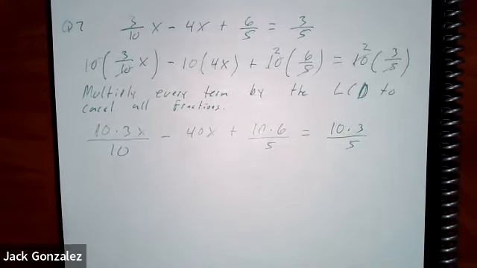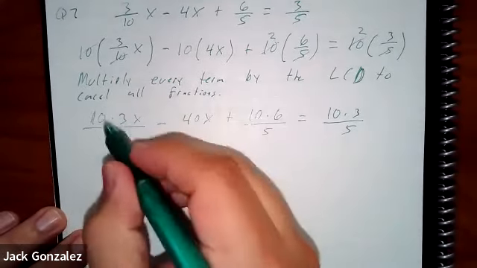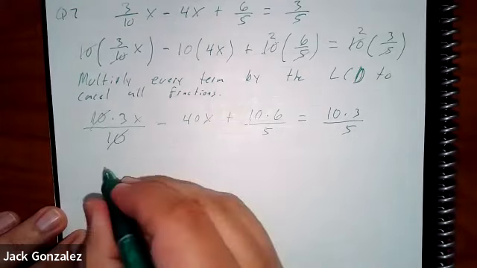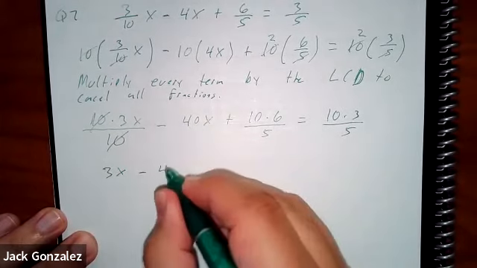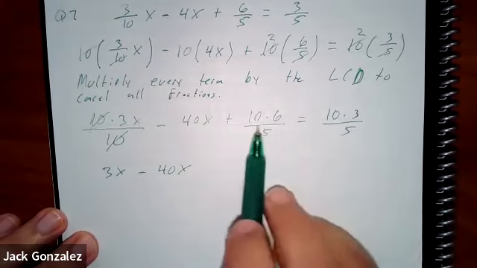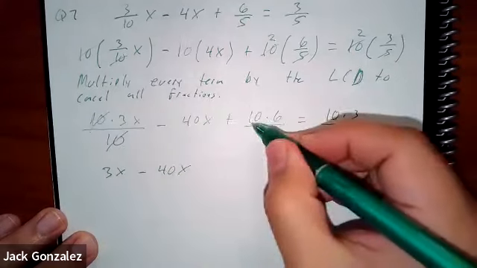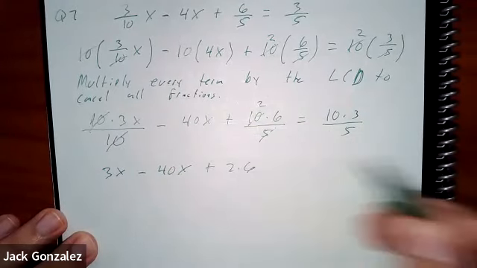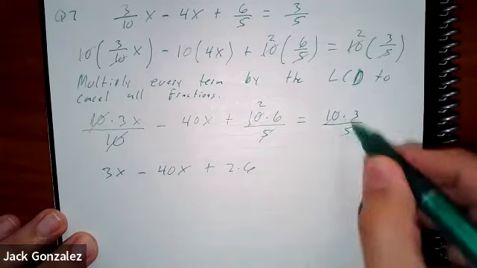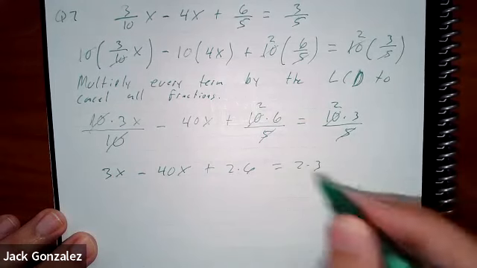Okay, so I'm showing the cancellation step, just in case. 10 over 10 is gone. There's nothing here to do, so just put the 40x. 10 divided by 5 is 2, so we have 2 times 6 left. 10 divided by 5 is 2. We have 2 times 3 left.